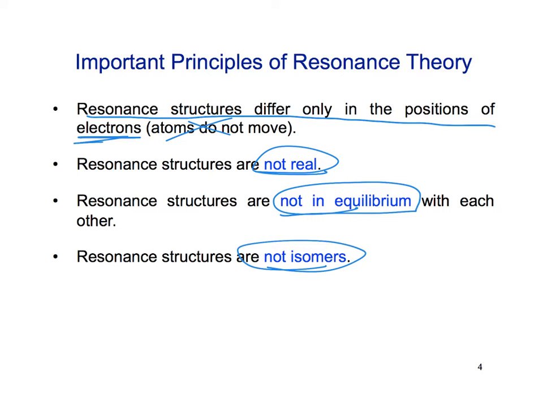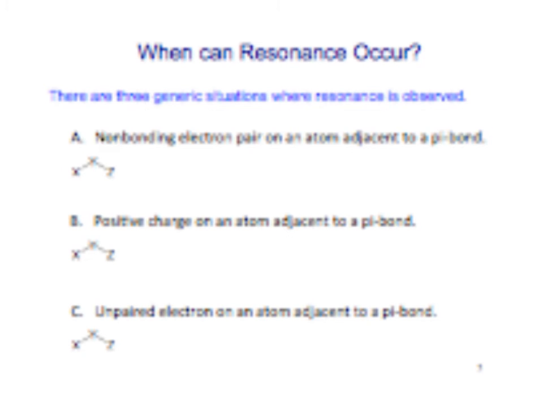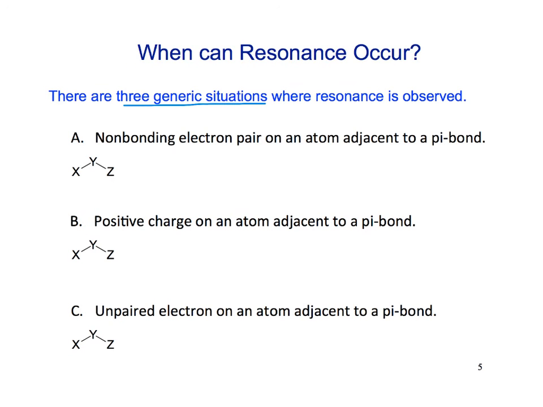All right, so let's broaden our understanding a little bit more. Let's look at three generic situations where resonance is observed. So notice in all three of these, A, B, and C, what I've done is I've listed three atoms, X, Y, and Z. And these atoms could be any of the atoms that we routinely study, typically on the second row of the periodic table.